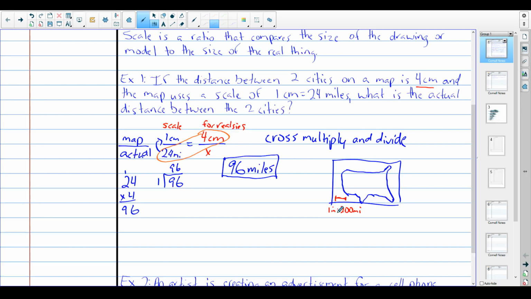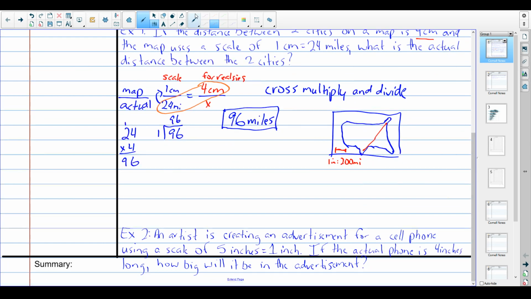So it'll tell you the scale on the map. You just have to look for it. And then if you want to know the distance, you would pick the 2 points you care about and measure it with a ruler or your fingers, or guess at it, because it's all scale. And then that's how you write your proportion if you need to make your own picture. Alright, so let's go on.